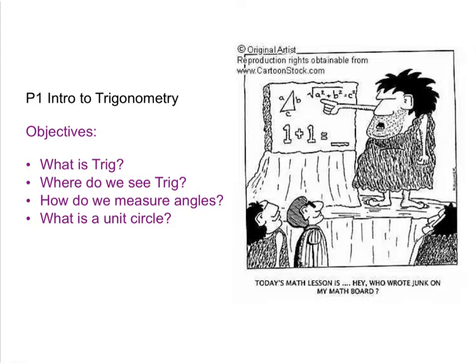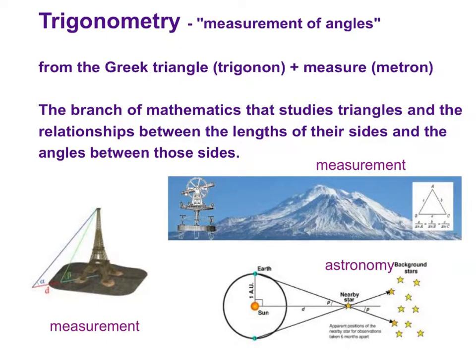Here are the objectives that you need to write down in your composition notebook. Trigonometry is the study of the measurement of angles. It's from the Greek triangle, trigonon, and measure, metron, so trigonometry. Because angles can be put together to form triangles, trigonometry is also a very good study in triangles of every kind.